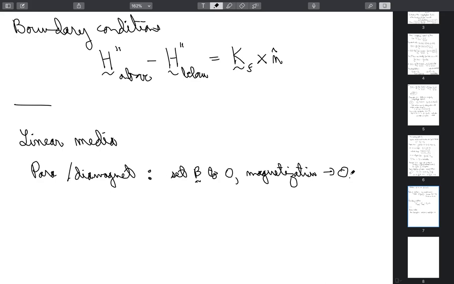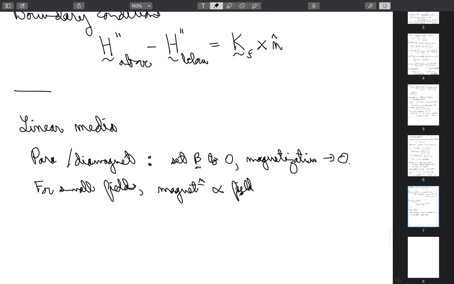And in many of these materials, for small fields, what you'll find is that the magnetization is proportional to the applied field.